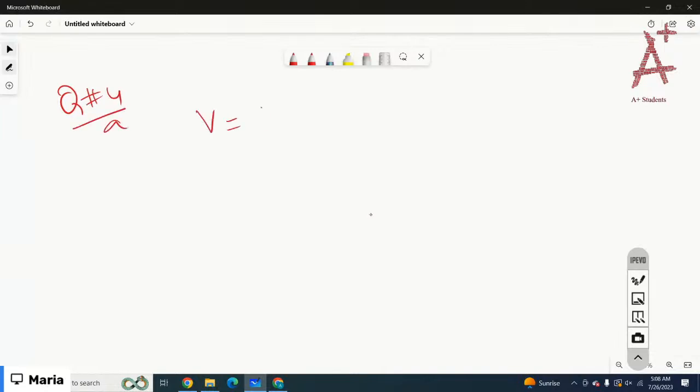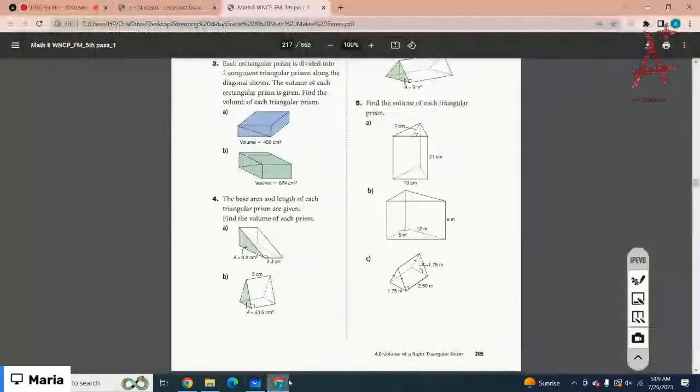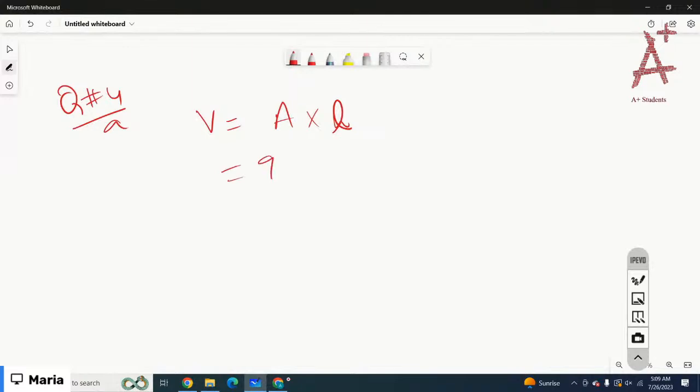The volume is A times L. A is the area of base. V equals A times L. A is the area of base and you have L. So the volume is 9.2 times 2.3. 9.2 is the area, and 2.3 is the length.